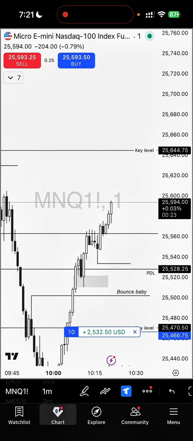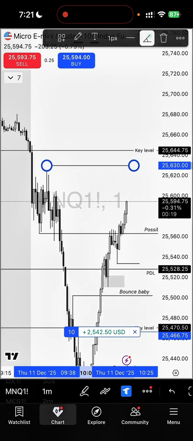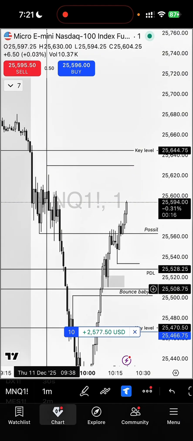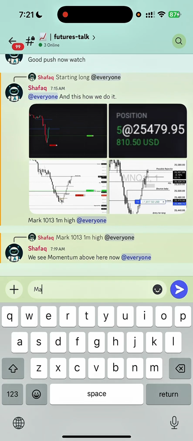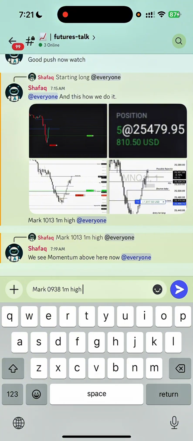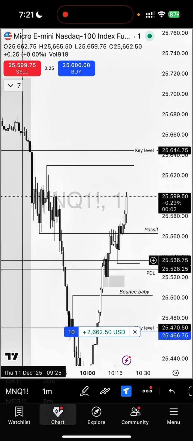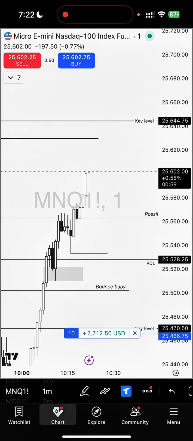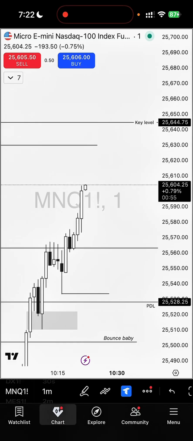This is what I want to see here. Great, a bullish imbalance would be ideal here.